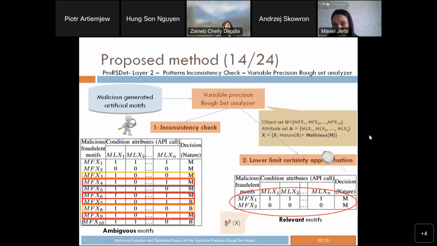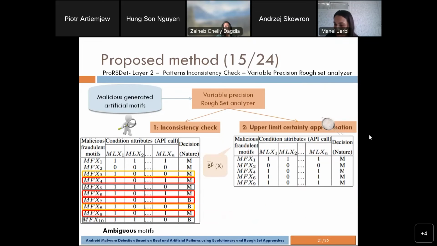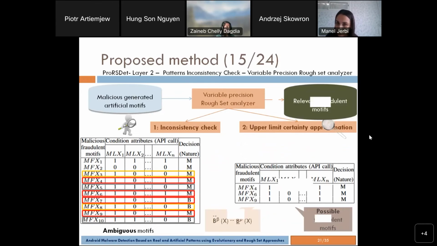First, they will go through an inconsistency check to detect those with the same structure but with different labels. Then the variable precision rough set lower limit approximation is applied to keep only the certain malicious ones, or the relevant ones. After that, the upper limit approximation is applied to help determine the set of motives that can be possibly classified as malicious ones.